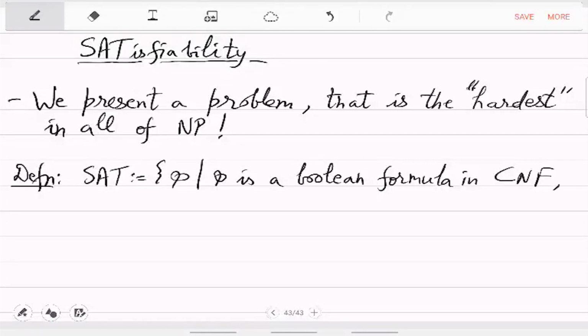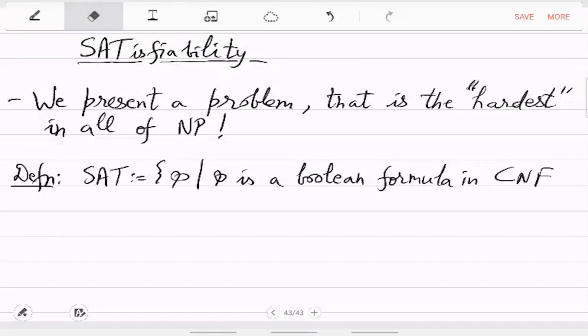CNF is conjunctive normal form, so it is basically an AND of clauses, where each clause is an OR of variables, and the variables can be either the original one like x or its negation, not x. So they are called literals. So it's a conjunction of disjunctions of literals.